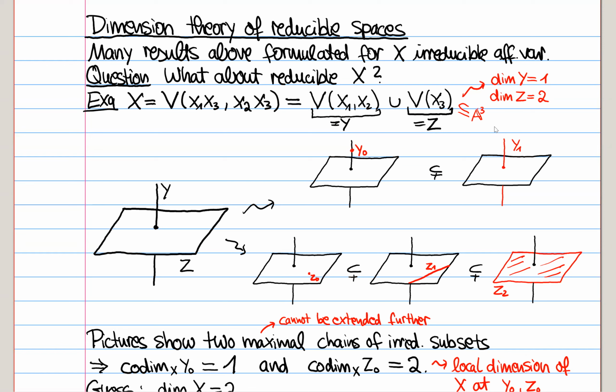And then you ask, like, what is the dimension? What is the codimension of different things in there? And so, for example, if you start with a single point on Y away from the origin, and we call this set Y0, then we can ask, what are the chains of irreducible subvarieties containing this?